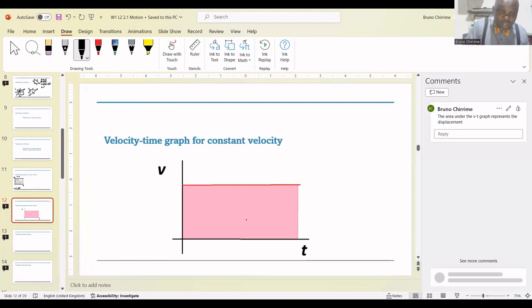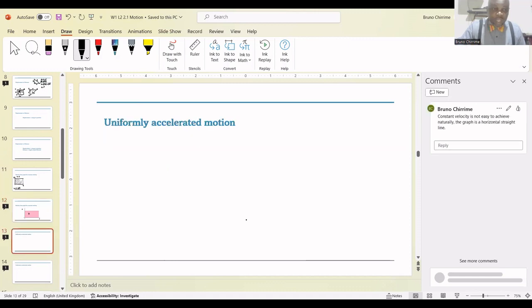It represents the distance traveled, regardless of the displacement. So in the VT graph, the area below the graph represents the displacement, as we will show right now. So constant velocity, straight line.